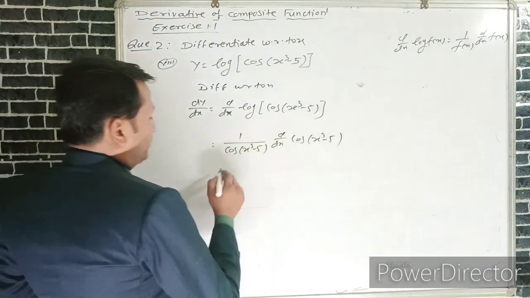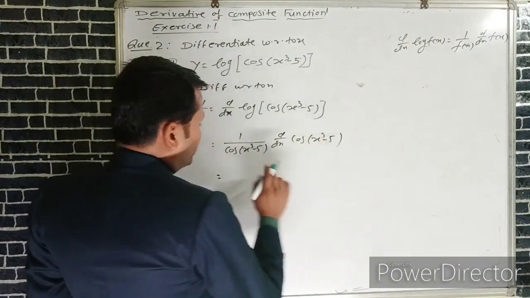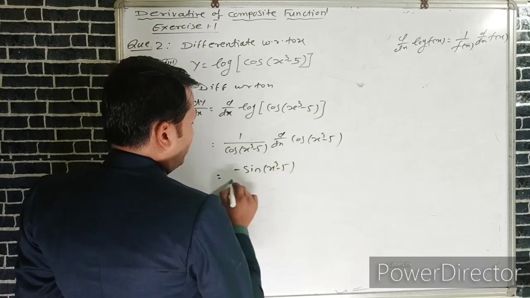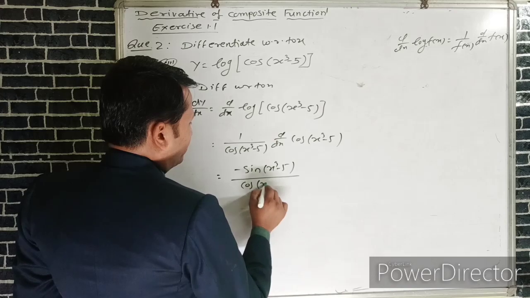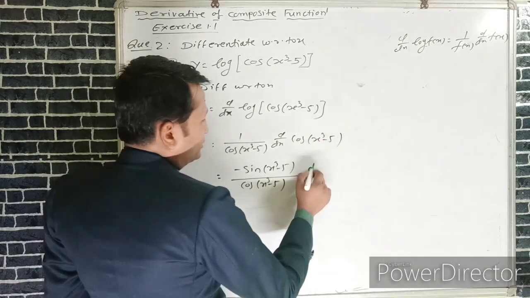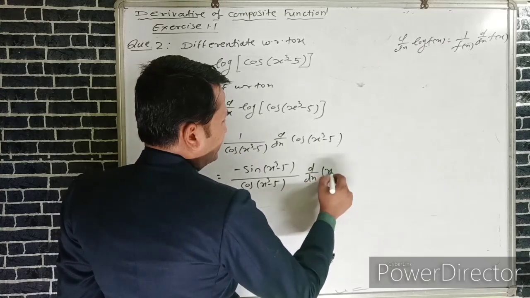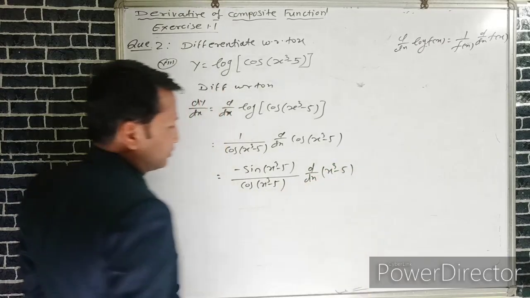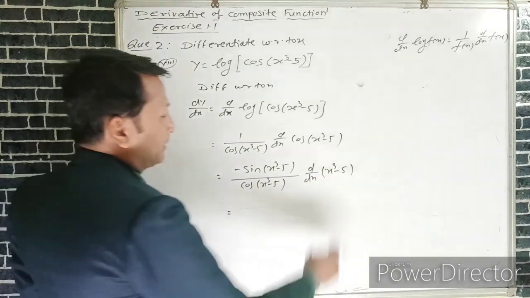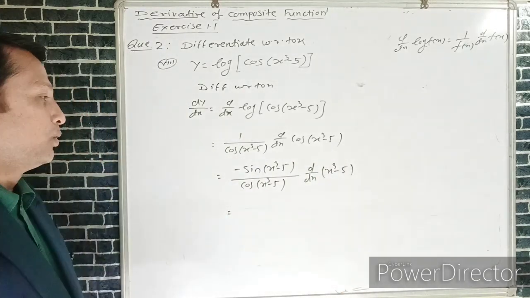The derivative of cos of x cube minus 5 is again minus sin of x cube minus 5 upon cos of x cube minus 5. X cube minus 5 is a considered function, hence we take again the derivative of x cube minus 5. The derivative of x cube is 3x square. Derivative of minus 5 is 0.